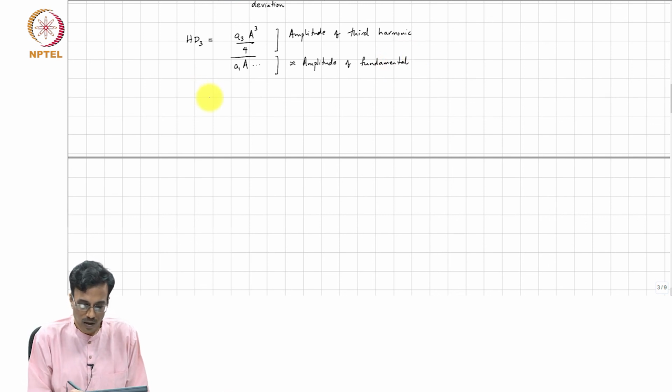And therefore, HD3 is simply A3 A square by 4A1, right.